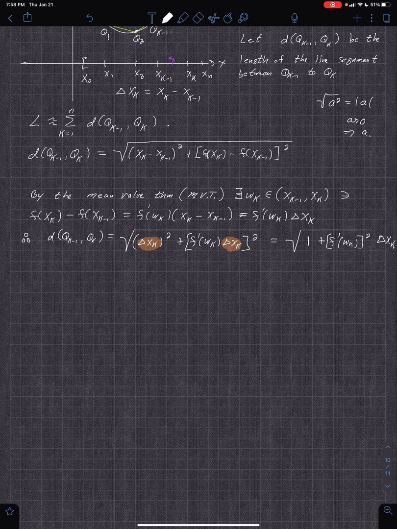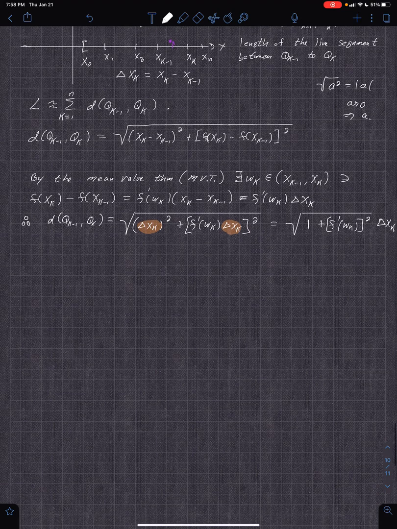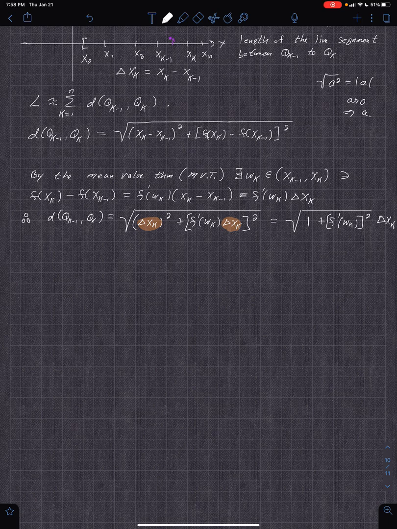Okay. Now take a limit as normal, as the partition approaches 0, and you get the definition of arc length. Isn't this awesome? So L is approximately the sum over all the k's of that square root of 1 plus f prime of w sub k squared delta x sub k.